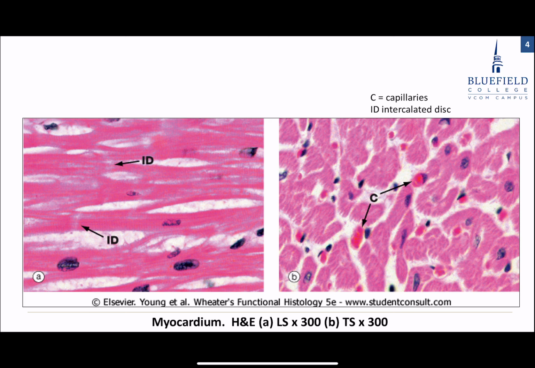And of the two, which do you think has the most work, pumping through the pulmonary circuit or through the systemic circuit? It would make sense, systemic, and so of the two ventricles, the left ventricle is going to have the thickest wall, correct? I mean, just common sense if you think through it like that. Last thing I've got in the notes, we talked about cardiac muscle having a rich capillary supply.